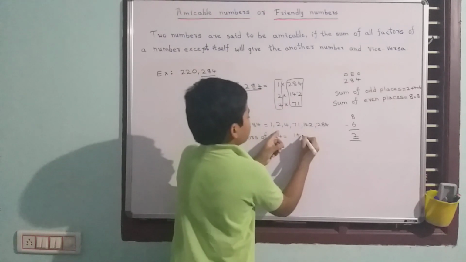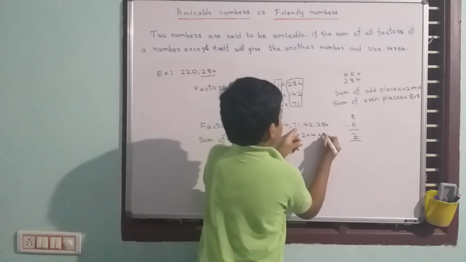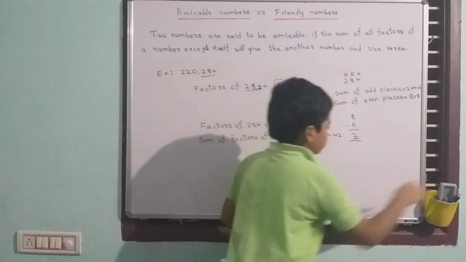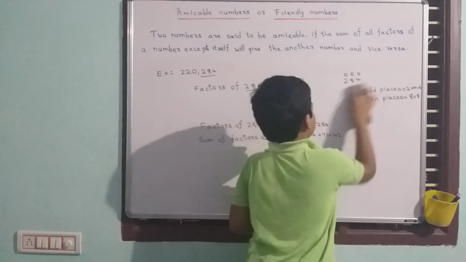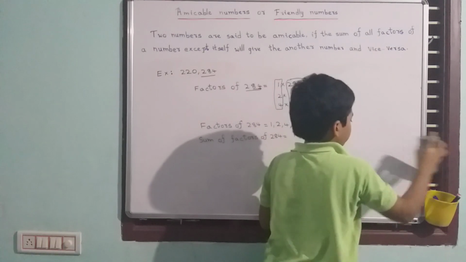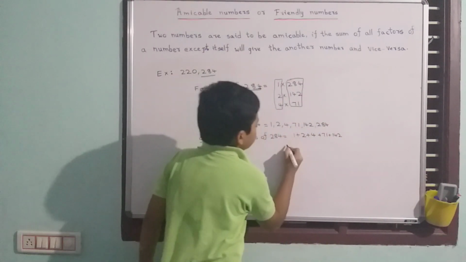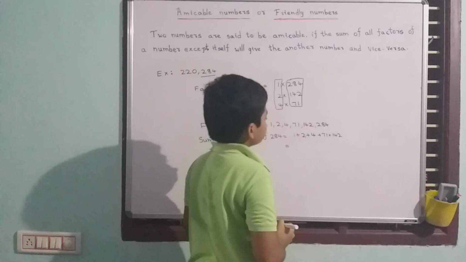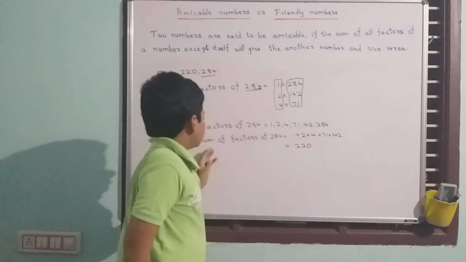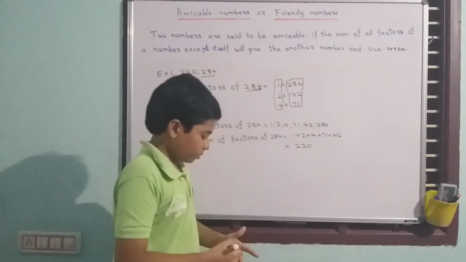1 plus 2 plus 4 plus 71 plus 142 is equal to 220. The sum of factors of 284 is 220.